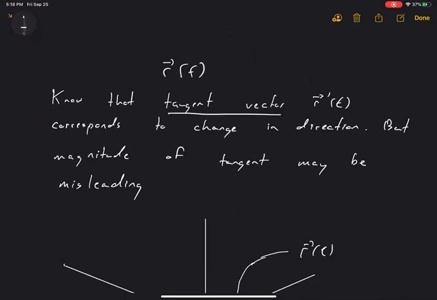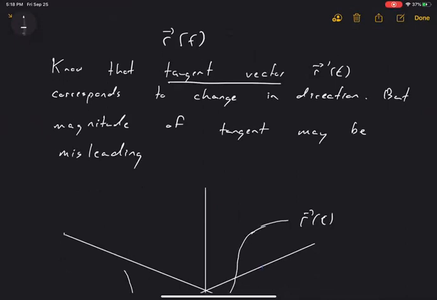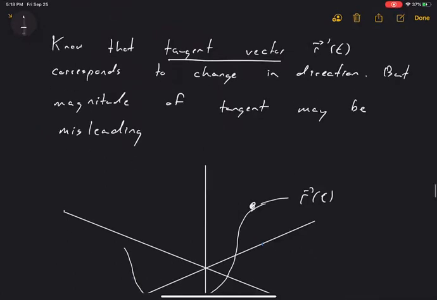So if I have R of t, R prime of t corresponds to the slope of this 3-dimensional curve. If this corresponds to t equals a, R prime of a gives me how this curve is changing at that point, that instantaneous moment.